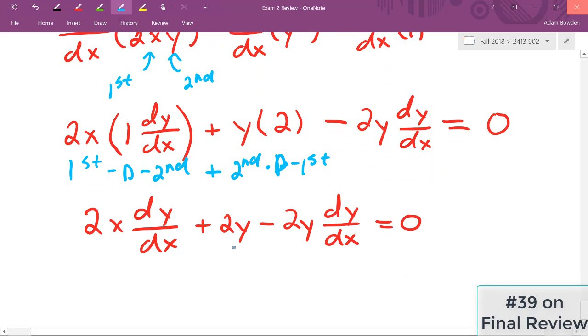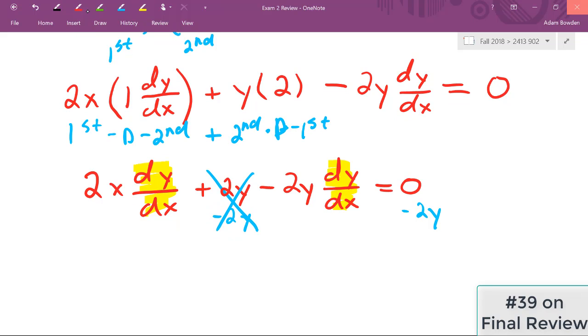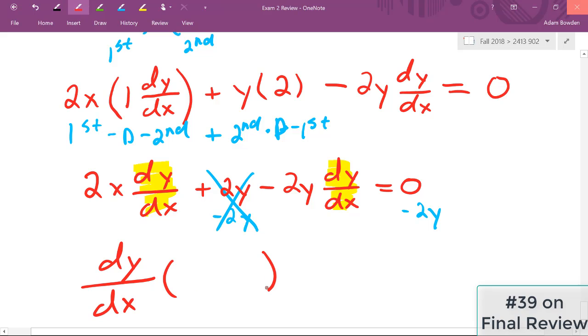Now I'm going to move over, subtract over the 2y from this side, and we can also, since these are the only things that are going to be on this side once you move it over, we can factor out the dy dx, bring it to the front, and we'll have a 2x minus 2y equals negative 2y.